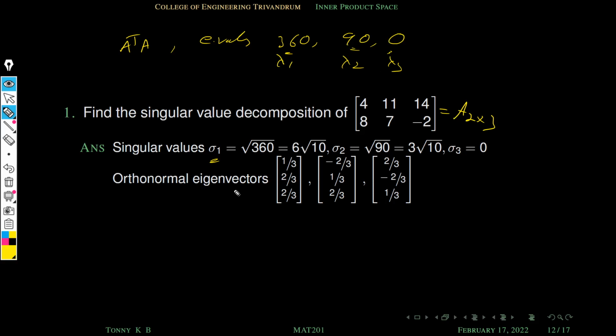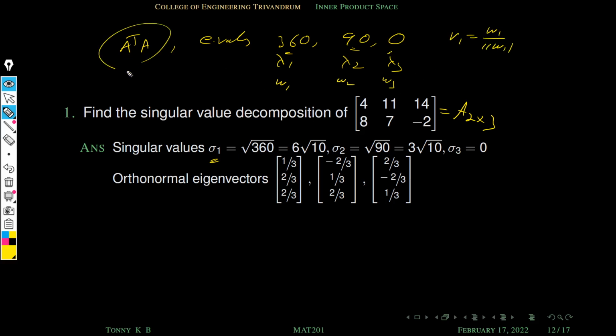Also, we know how to evaluate the orthonormal eigenvectors. What is the rule? First, we find the eigenvectors corresponding to 360. Suppose W1, W2, W3 are the three eigenvectors corresponding to 360, 90, and 0 respectively. Then we define V1 as W1 by norm of W1. This is a unit vector.